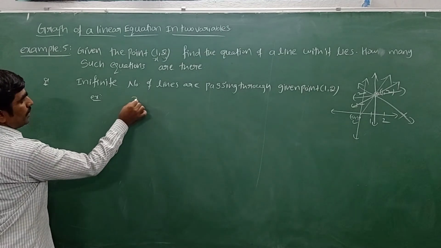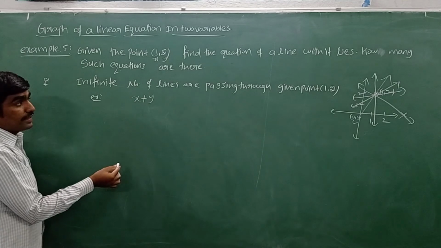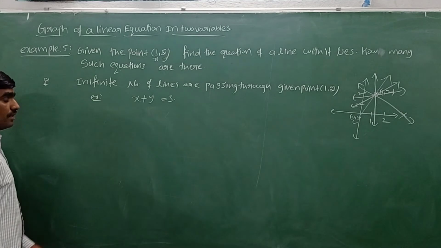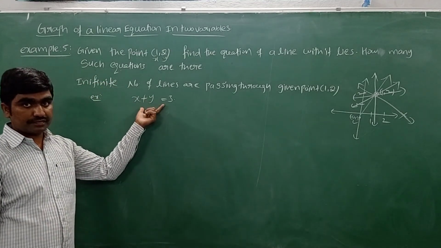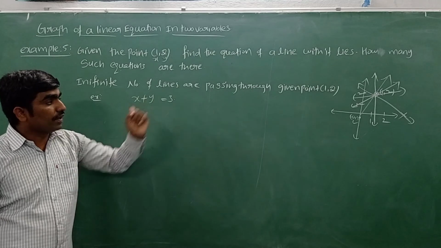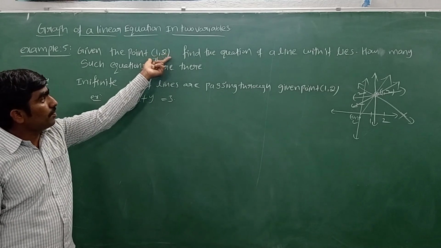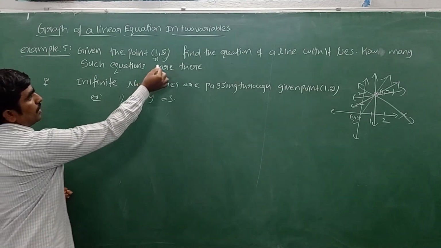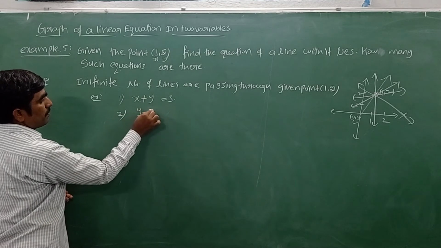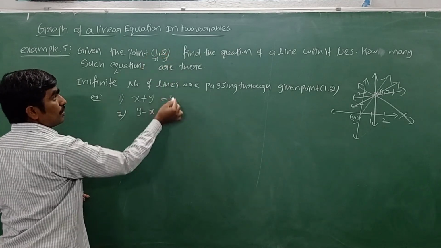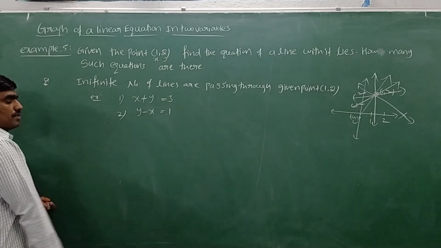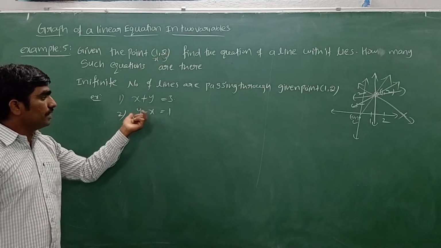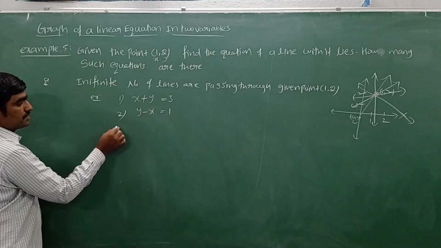One equation: x plus y is equal to 3. Yes, it is one linear equation in two variables which is passing through the point 1 comma 2, because the coordinate 1 comma 2 satisfies this equation. Similarly, y minus x is equal to 2 minus 1, which is 1. Substituting the given point, it satisfies y minus x is equal to 1.